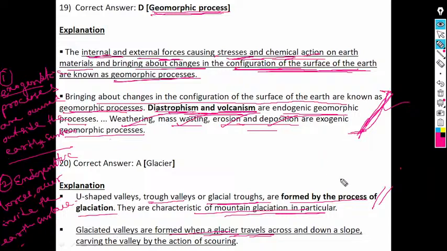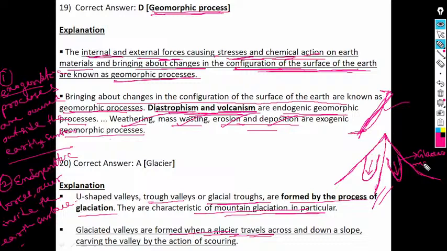We draw a diagram here. This is a glacier moving downward.